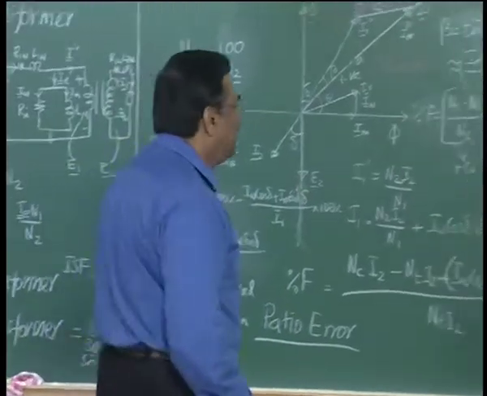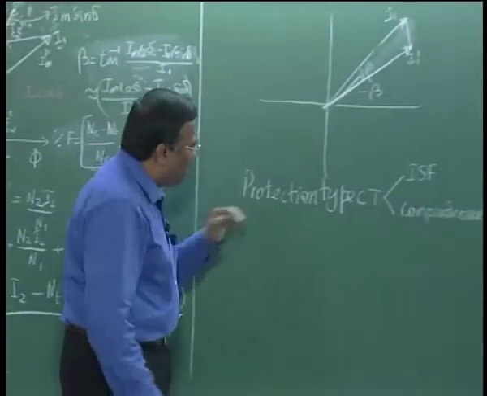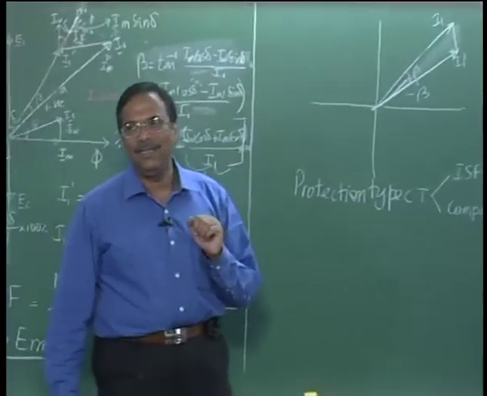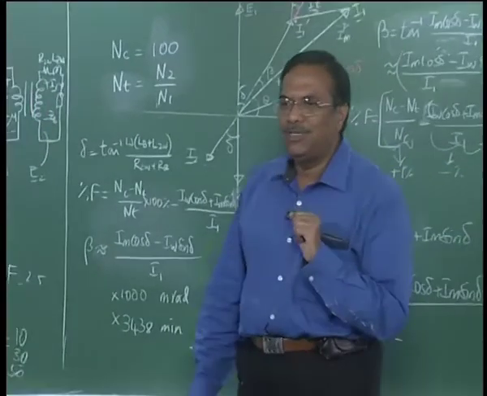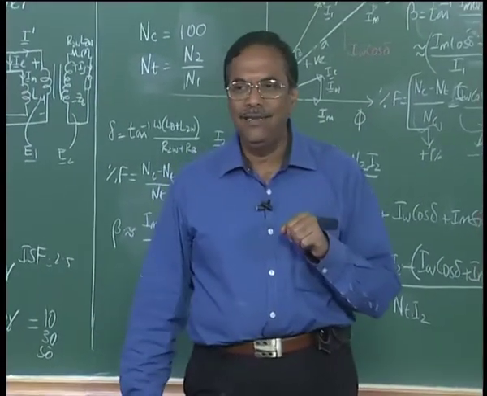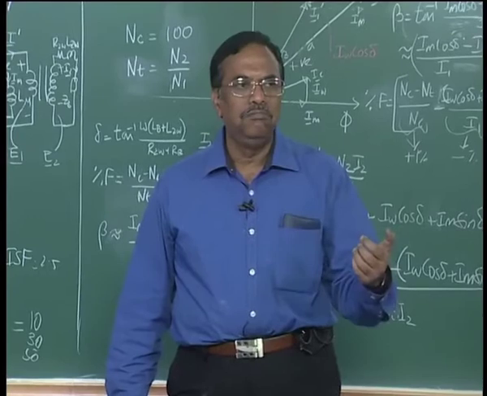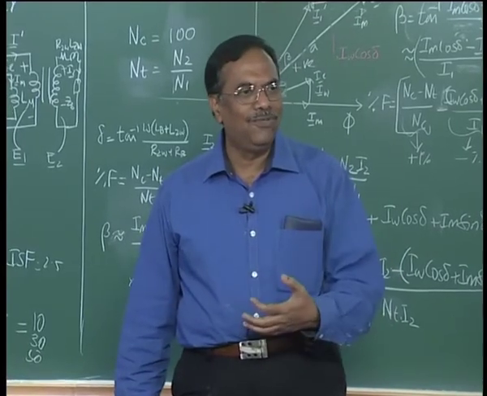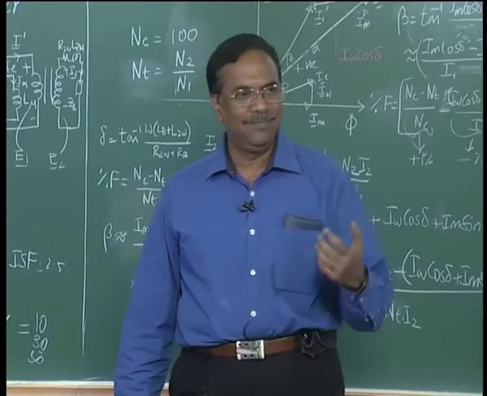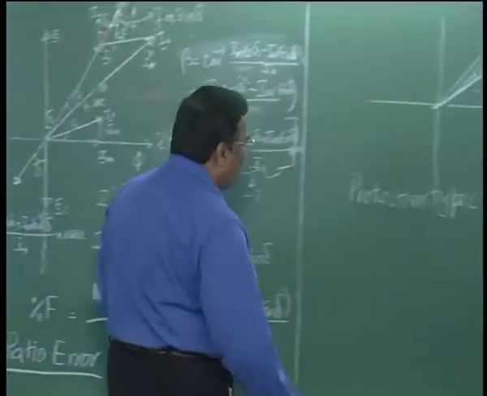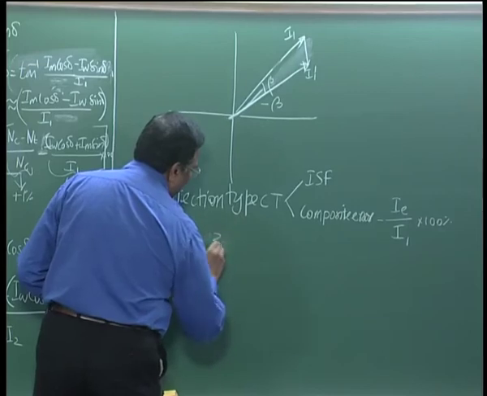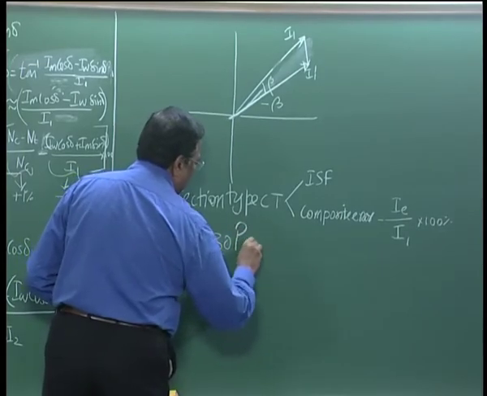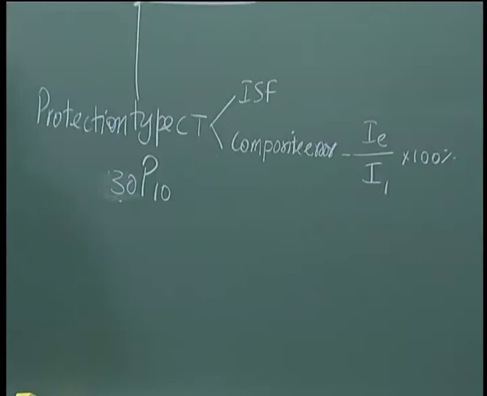When we want to give the specifications for a protection type current transformer, we simply say that my protection current transformer should work at 30 times and should have an error of 10%. So generally you look at the CT, it will be something like 30P10. That is a very simple specification the manufacturer will give you.